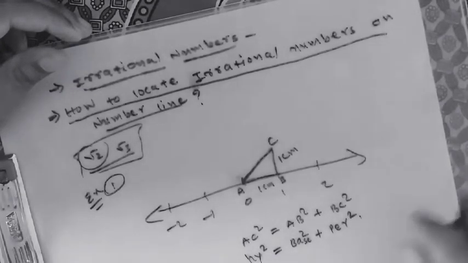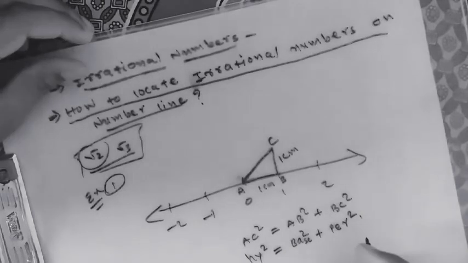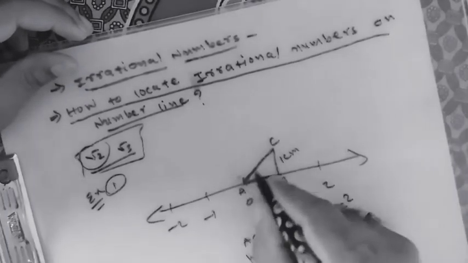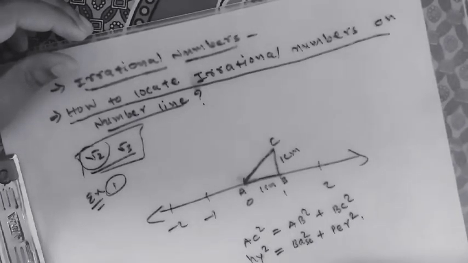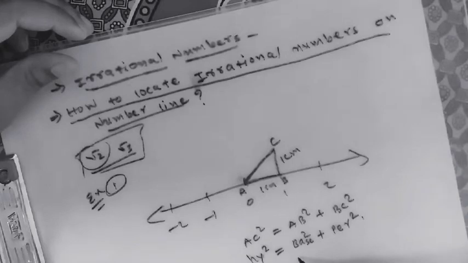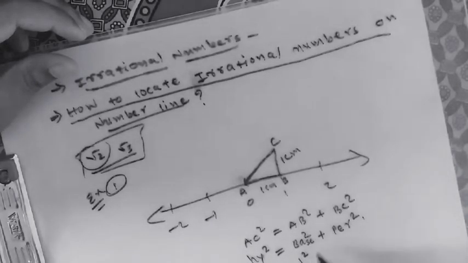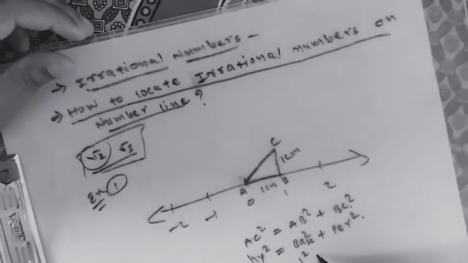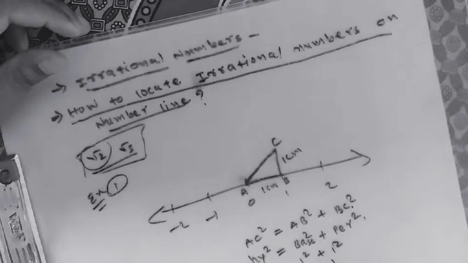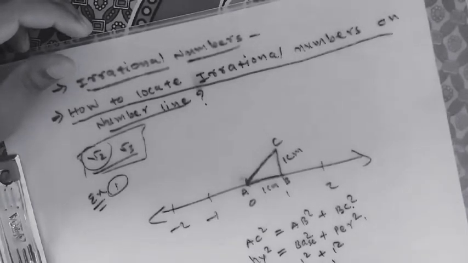Okay, as you wish. Now AC square means hypotenuse. So AC square is equal to AB, we have AB 1 centimeter, so we will put 1 square, and BC also 1, so plus 1 square. Now 1 square is 1 and 1 square is 1, so 1 plus 1. Okay, now 1 plus 1 is 2, so we get AC square is equal to 2.